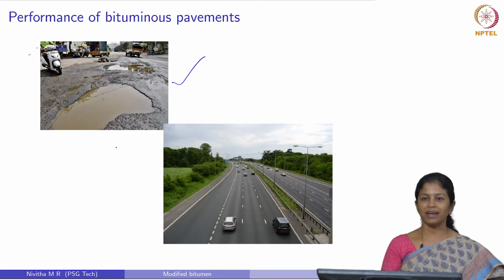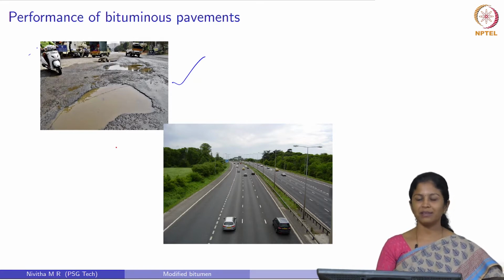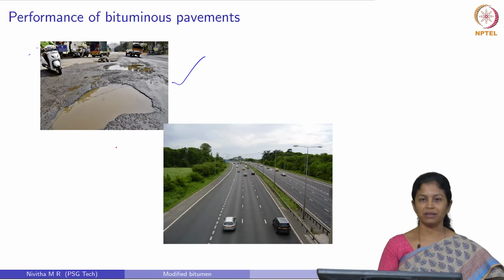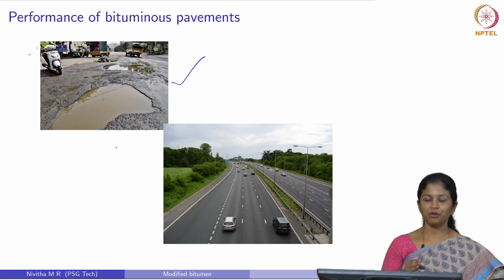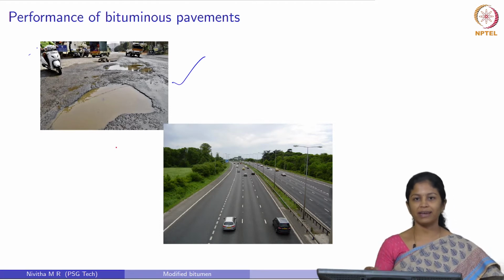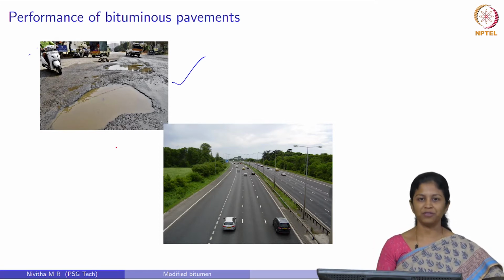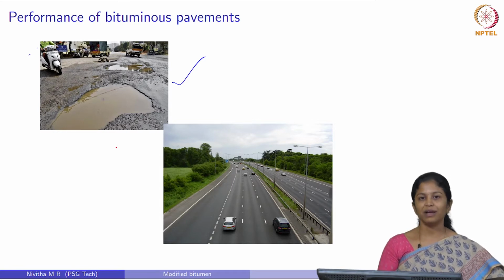We know that in IRC 37 the stipulated design life for a pavement is 15 years. So, we design a pavement for 15 years with a notion that it does not undergo rutting or cracking for the entire duration of 15 years. But the reality is that we see most of our pavements undergo at least one of these two distresses in the first few years, say in the first 5 years after they are constructed, right.